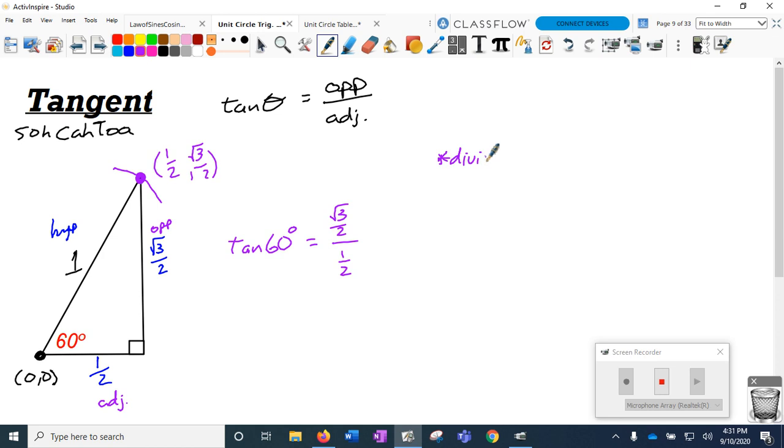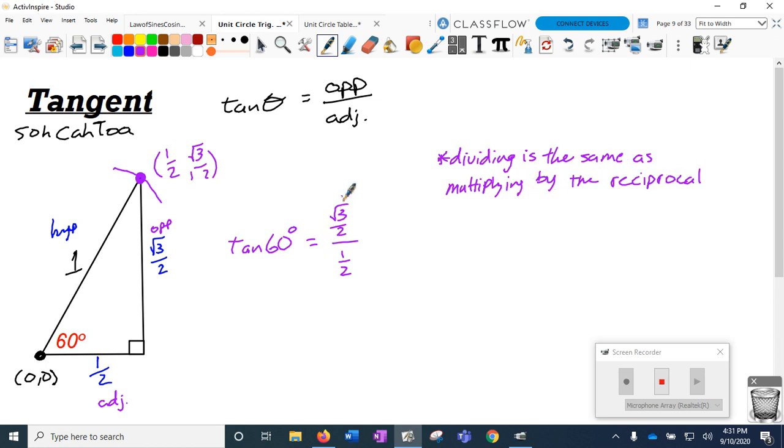Dividing is the same as multiplying by the reciprocal. Let's try it. Say that with me. Dividing is the same as multiplying by the reciprocal. Try it again. Dividing is the same as multiplying by the reciprocal.